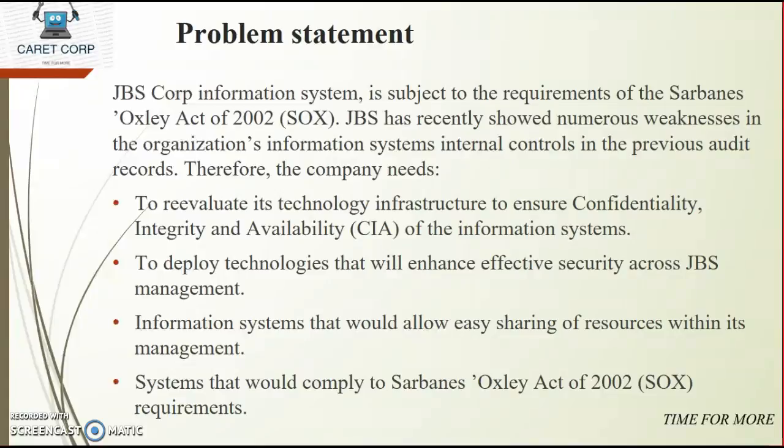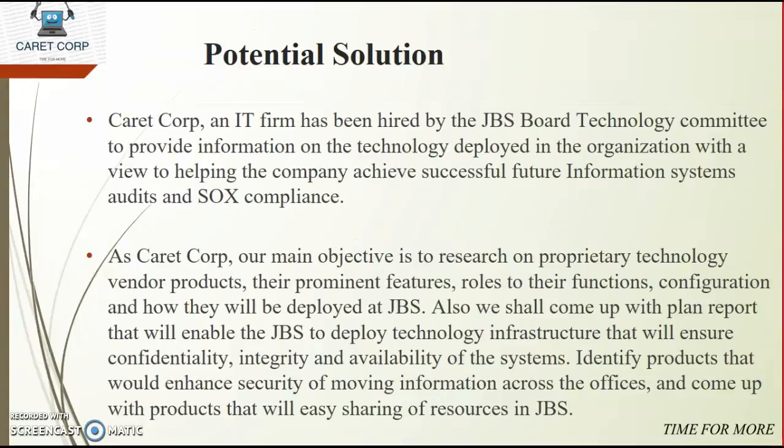The third one, they also need information systems that would allow easy sharing of resources within the management and even the employees. The last one relates to the Sarbanes-Oxley Act, which came into existence in 2002. Okay, to the next slide.